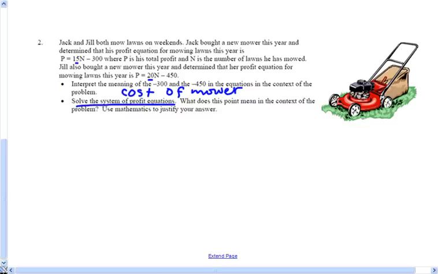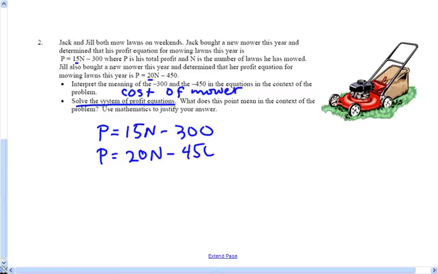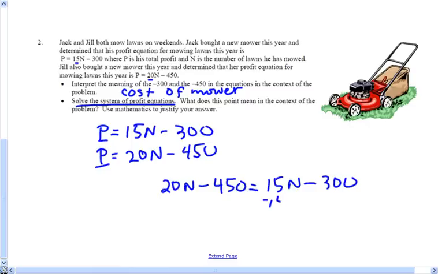So we have two equations, 15n minus 300 and 20n minus 450. So since they're both equal to P, we're going to use substitution and say 20n minus 450 is equal to 15n minus 300. We're going to solve that. Let's subtract 15n from both sides.